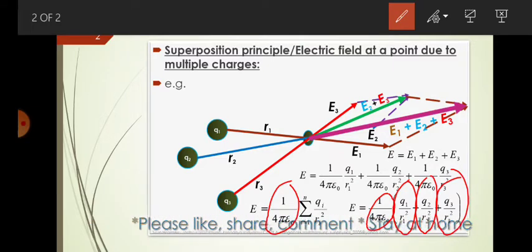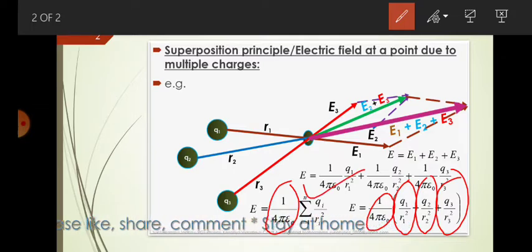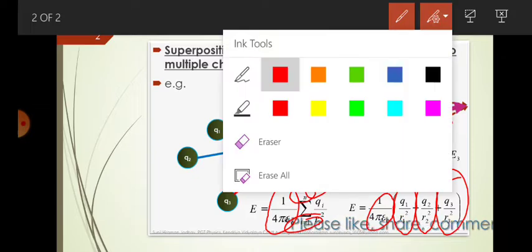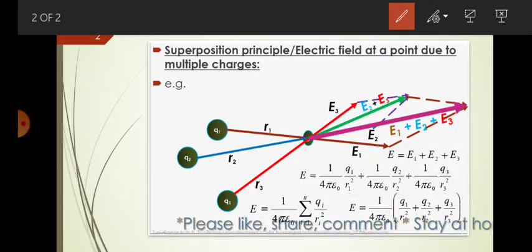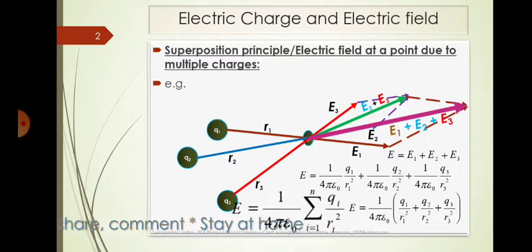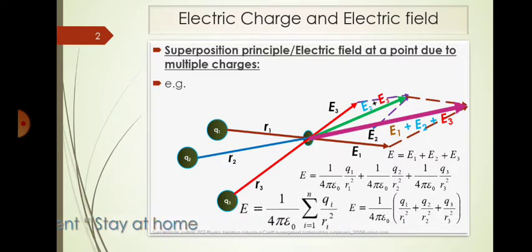So we take the summation of Qi upon Ri square, and this summation goes from i equal to 1 to n. Now you can take any number of charges and add their fields. So this gives the generalized form for our electric field, and we can use it for any number of charges.